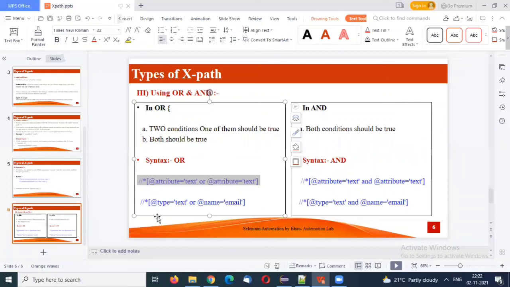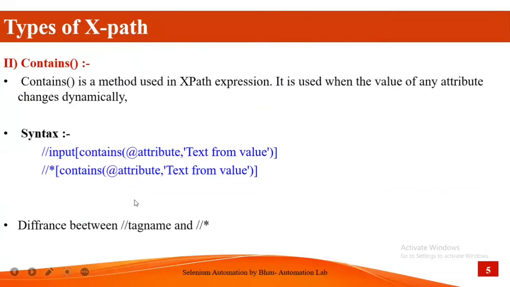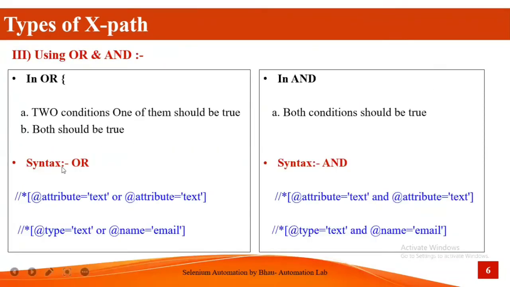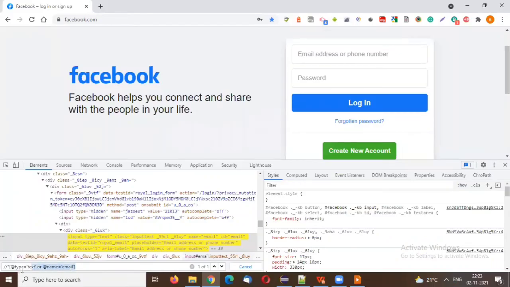What is the condition here, guys? The condition here is that one of them should be true, right? One of the conditions should be true from these two conditions. Like here we have two conditions passed, right? Type is equal to text, it's correct. Name is equal to email, it's also correct. If I make one condition wrong, like if I remove email from here and define only e, it's still working because this one condition is satisfied.